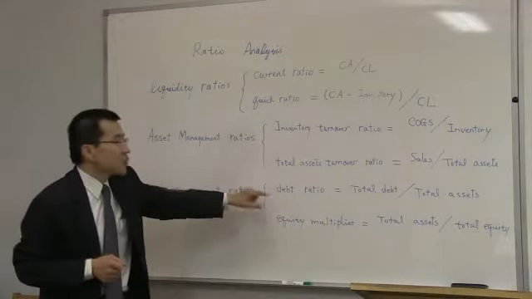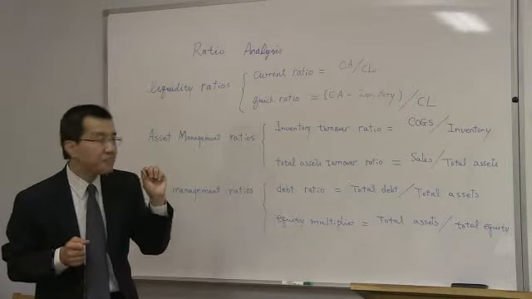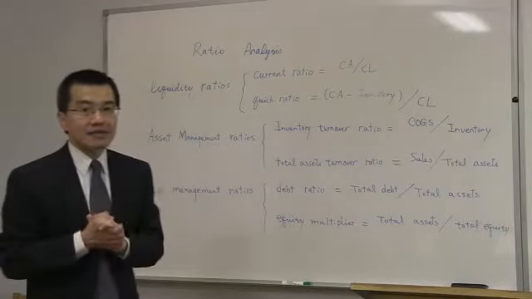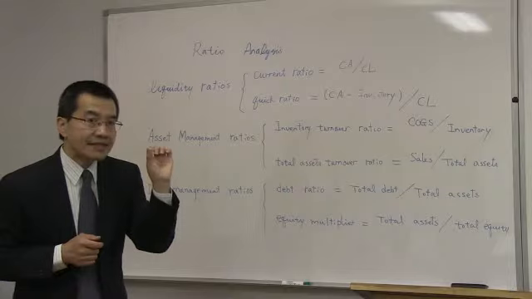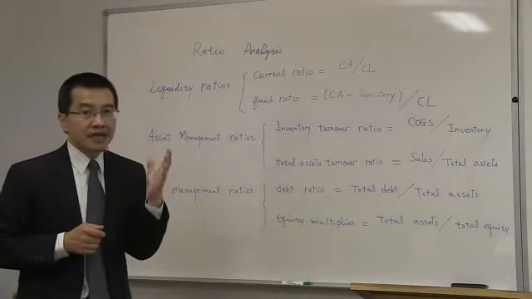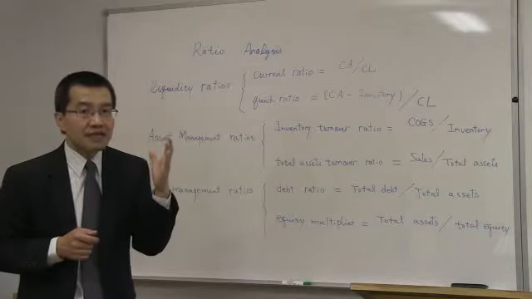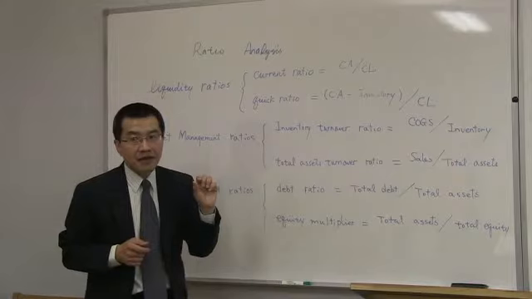First, we talk about the debt ratio. The debt ratio will tell you, based on the company's assets, what percent of the assets are financed by debt. A higher debt ratio indicates the company borrowed a lot of money. Another one is the equity multiplier.